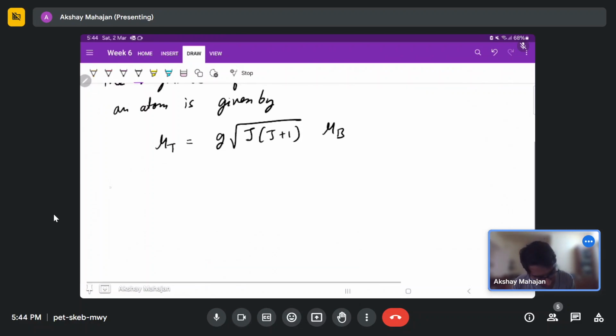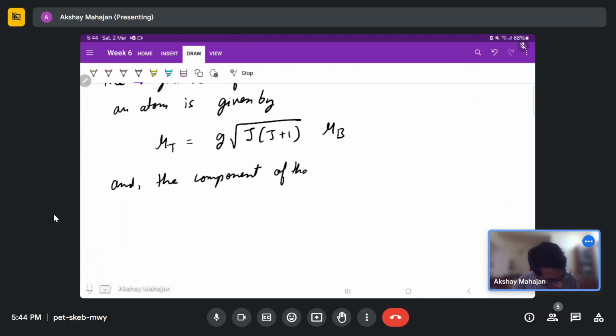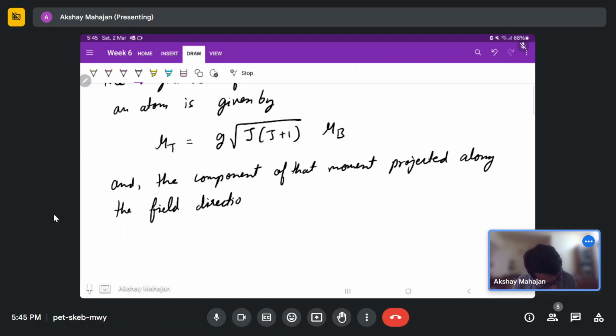And the component of that moment projected along the field direction is minus g times capital MJ times mu B, where these MJ values are similar to ML values or LZ values.